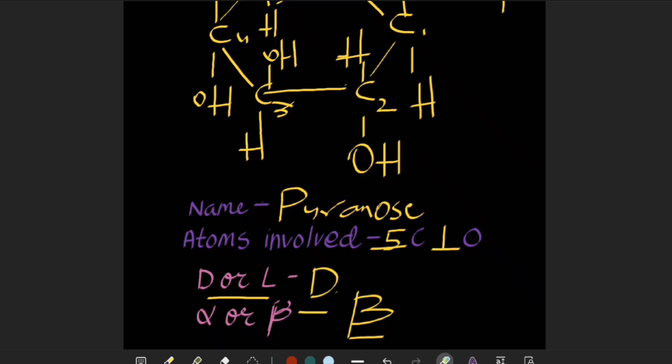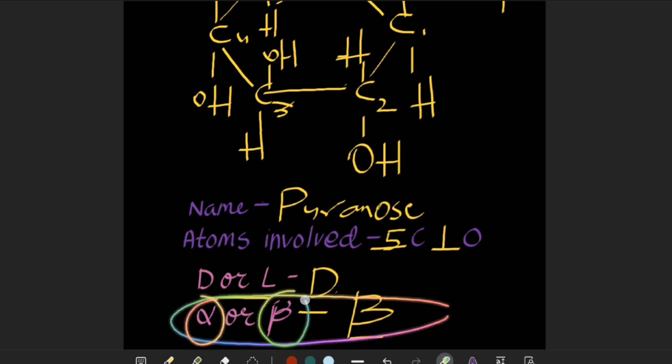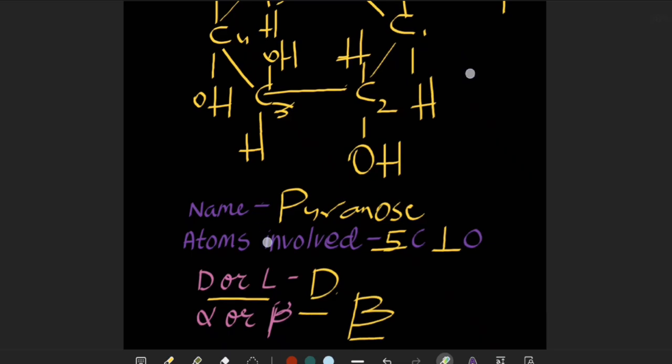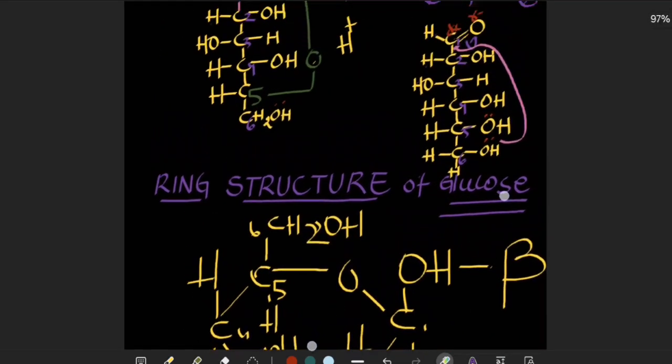And I hope you also understood the alpha and the beta configuration. Alpha is the downwards and beta is the upwards presence of the hydroxyl group on the first carbon atom. And then D or L configuration, in terms of chirality, depends on the carbon which is farthest from the functional group.